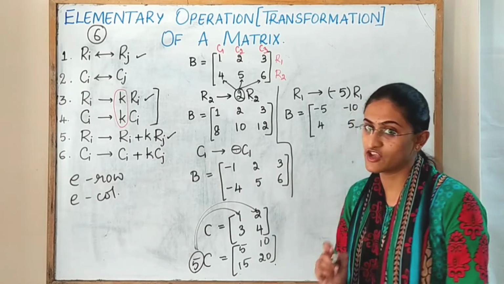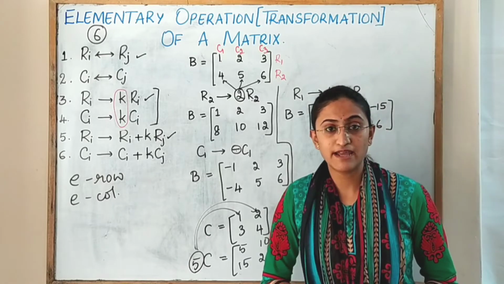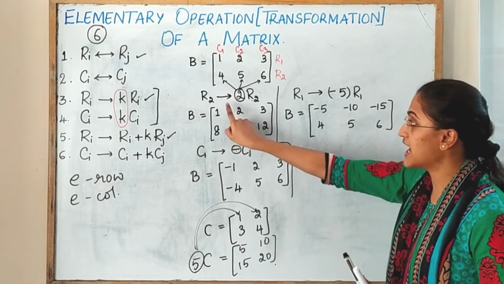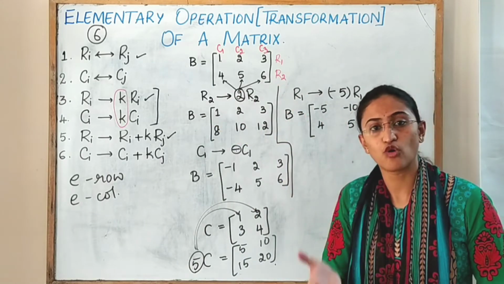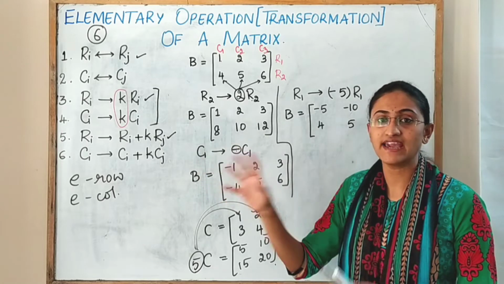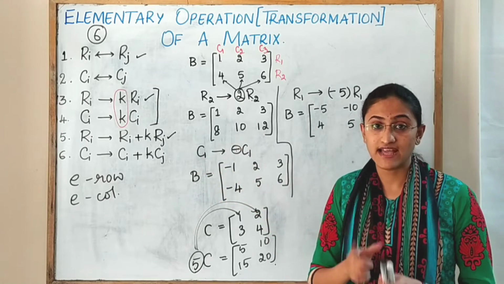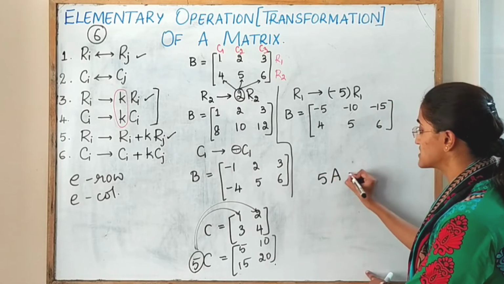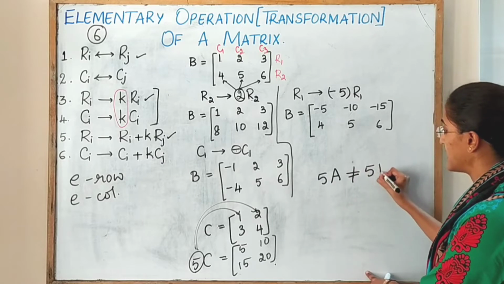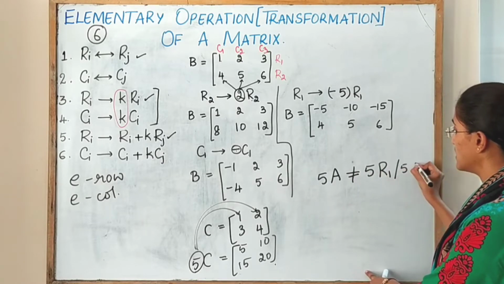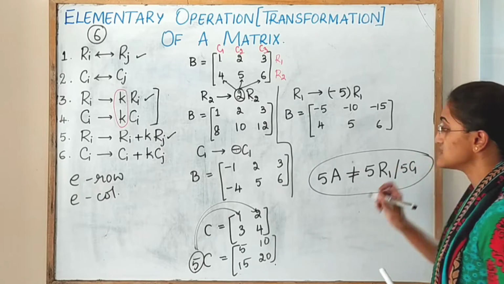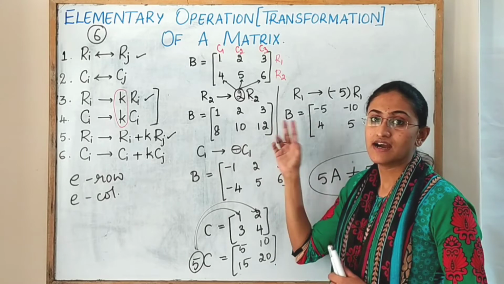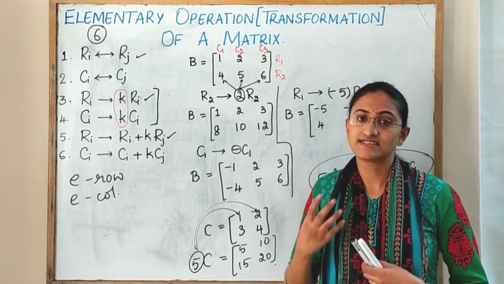This would be our new matrix while we multiply by a scalar to the whole matrix. But here we are multiplying individual rows or individual columns by some non-zero constant, and hence you have to remember that a scalar multiplication to a matrix is not equal to the scalar multiplication to a row or a column. You have to remember this, and hence you cannot take common after you multiply an individual row by a scalar.